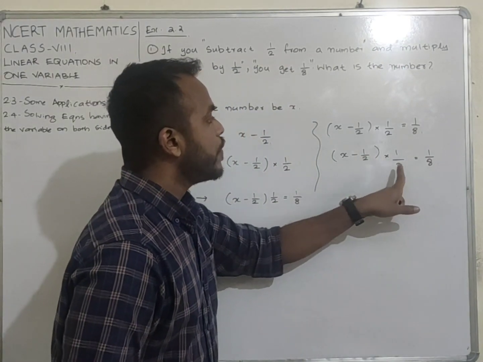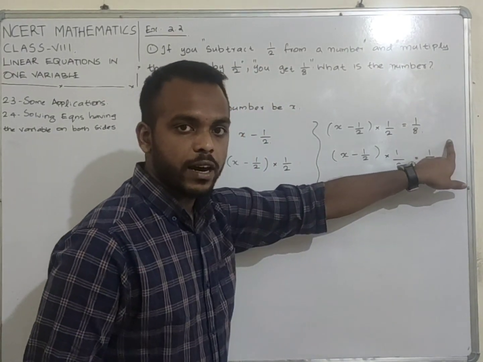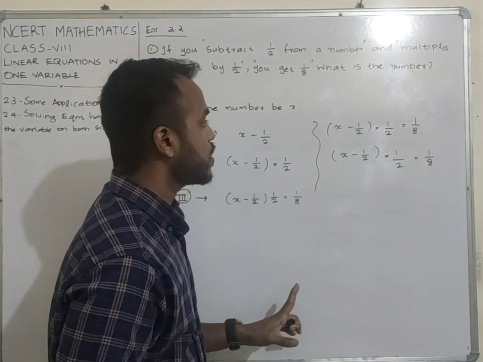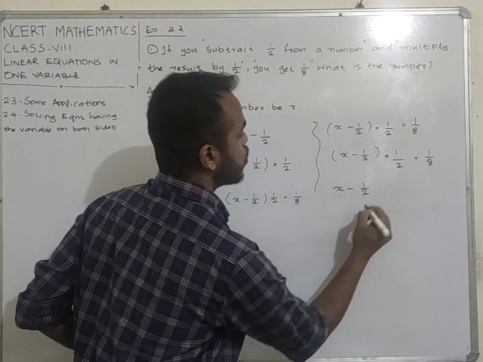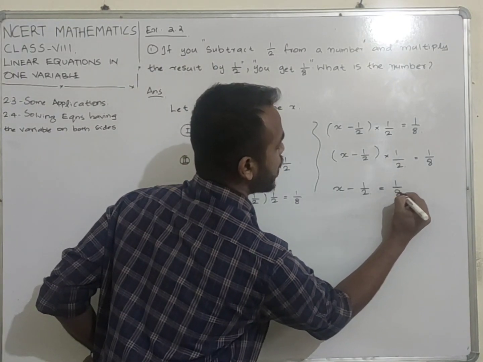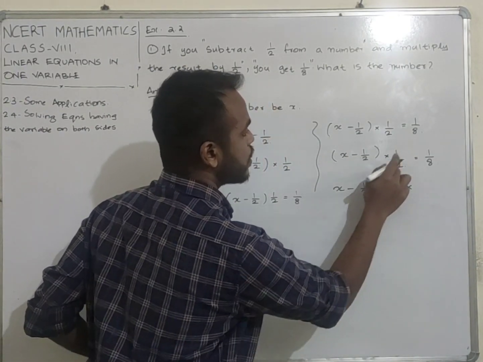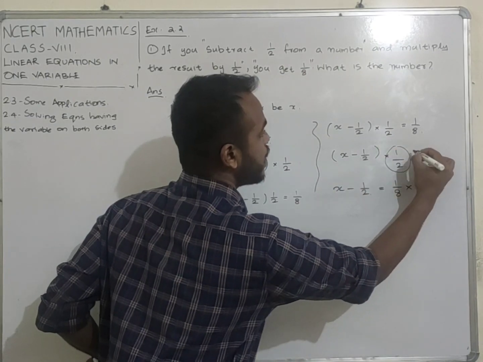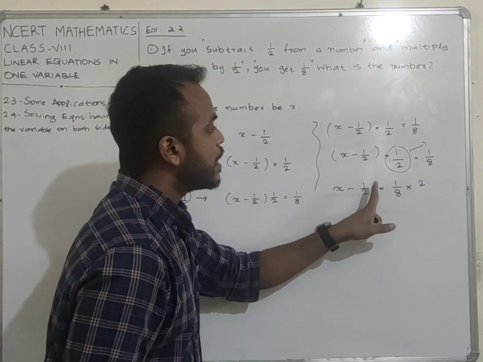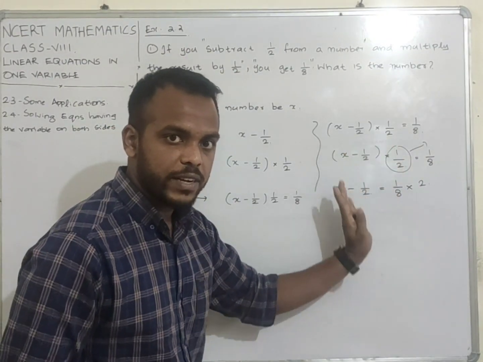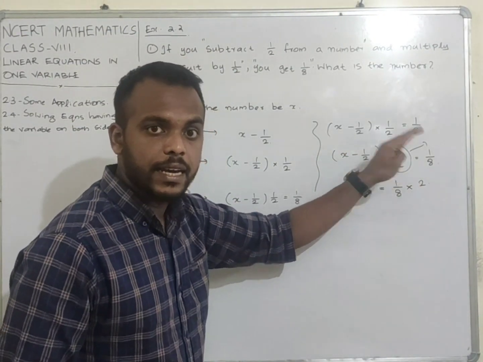Now, we can take this 1 by 2 to the other side. So, what happens? x minus 1 by 2 is equal to 1 by 8 into this 1 by 2 taking to the other side. It becomes 2, because the 2 was in the denominator on the left hand side, or it was divided in the LHS.